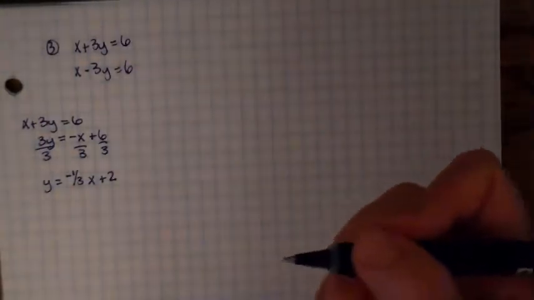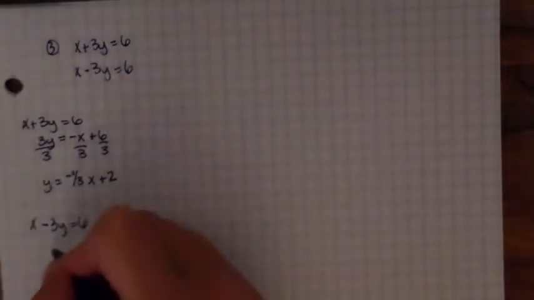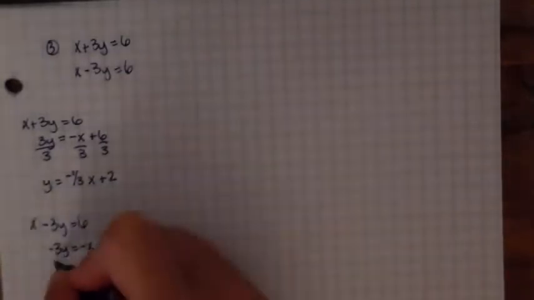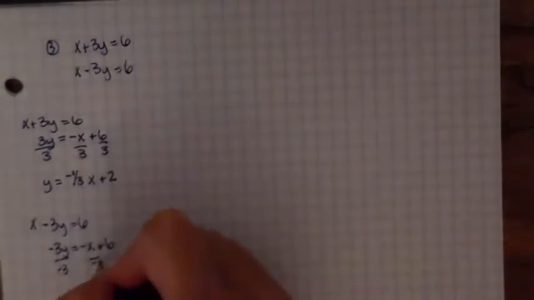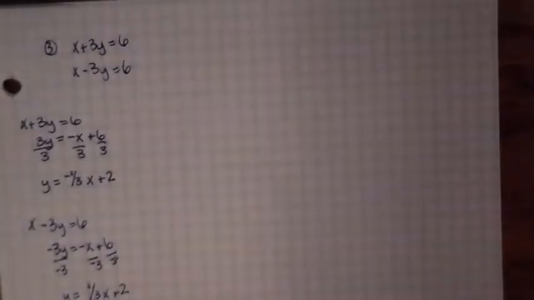Then I'll convert the second equation. Move my x over, I get negative 3y is equal to negative x plus 6. Divide everything by negative 3, and I get y is equal to positive 1/3 x plus 2.